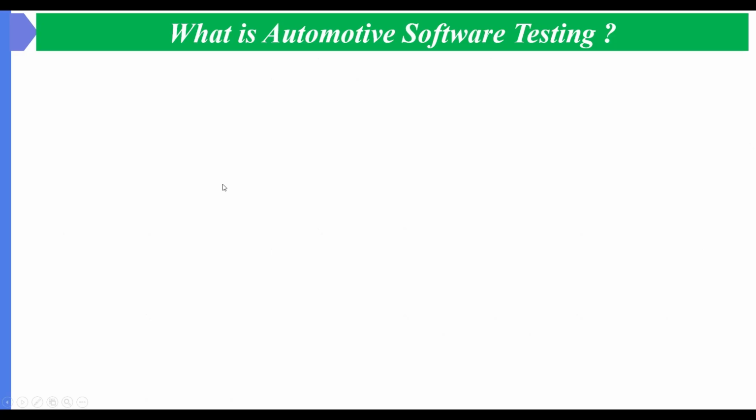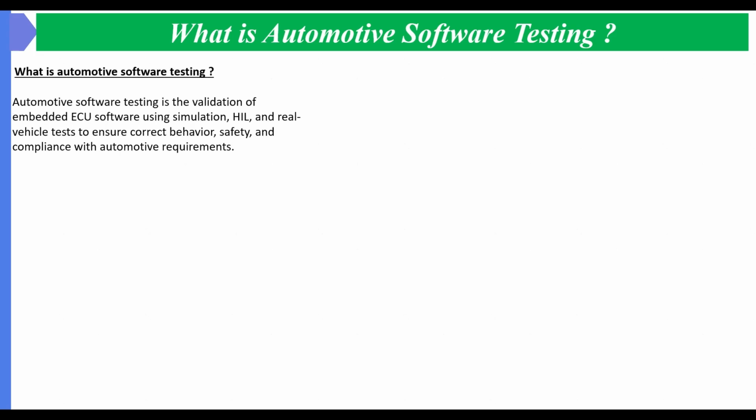Okay, so let's start first by a definition of software testing in automotive activity. Software testing takes all the activities of the validation of the embedded ECU software using simulation. For example, simulate the ECU or simulate some sensors.